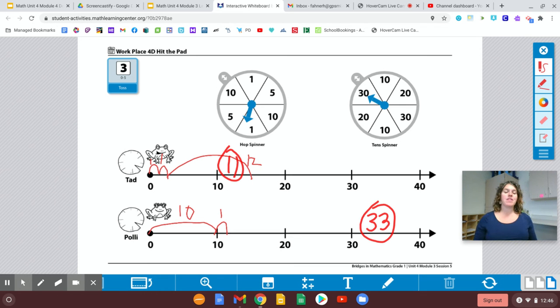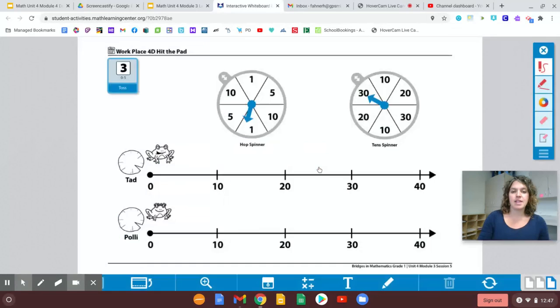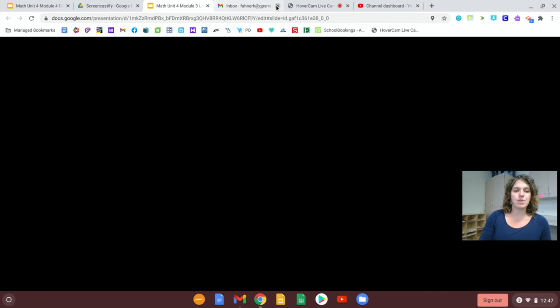So if you choose to play this with a grown-up, remember that you have to spin to figure out your hops this time. And when you go past it, then you'll have to hop backwards until you land exactly on your magic lily pad. We want you to be exactly on your magic lily pad. All of the directions are also there for you in this game, just in case you can't remember everything when you start to play with your grown-up.